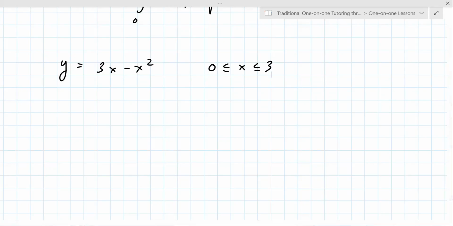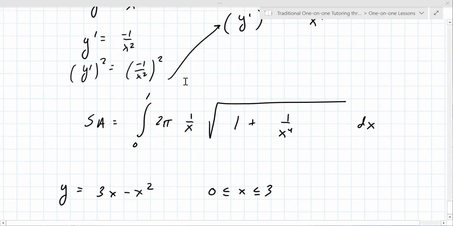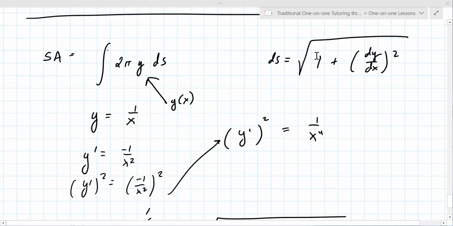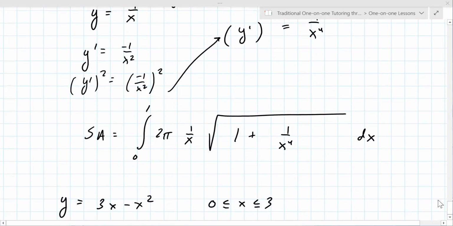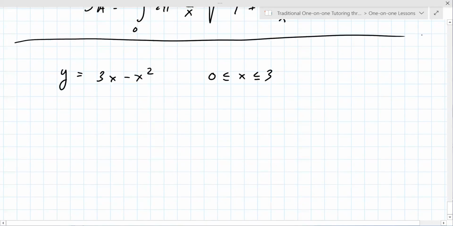Let's say y equals 3x minus x squared, and we're going from 0 less than or equal to x less than or equal to 3. So why don't you give that one a try and see if you can set it up. Do you need me to pull up the surface area integral? Do you have this down? I have it. You got it. Okay, give this one a try.